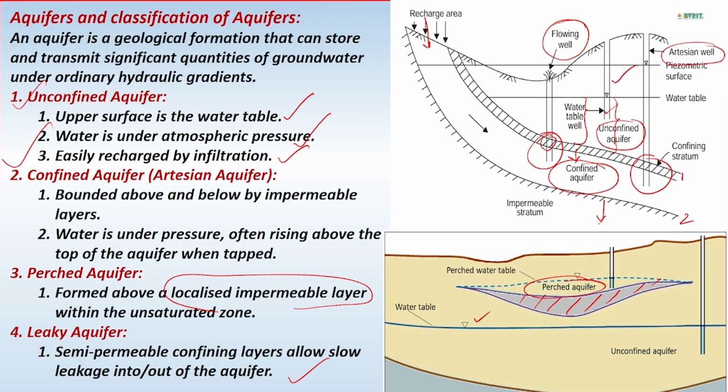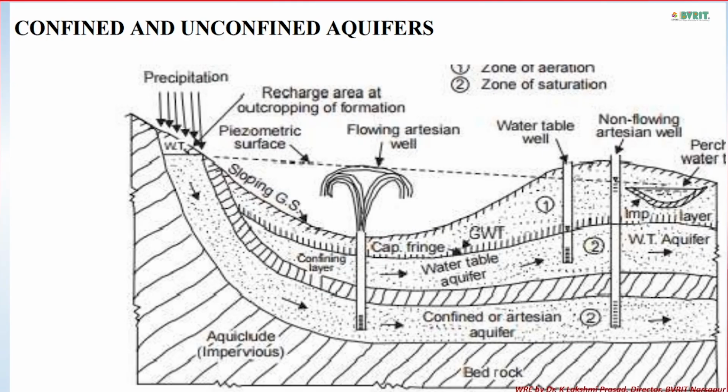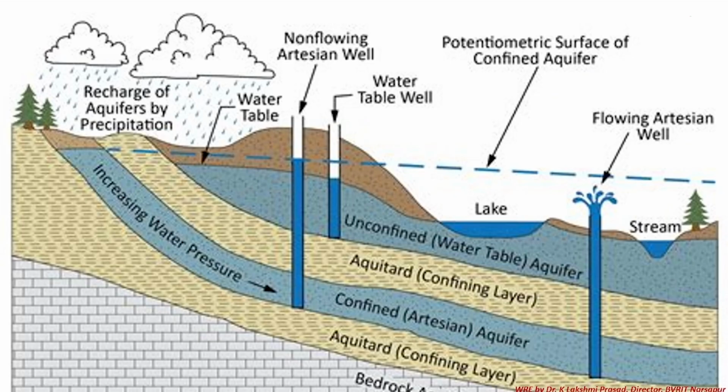These are the four main types of aquifers. And this is the figure which you need to draw even in your exams, to show the various zones that will be there in confined or unconfined aquifers.